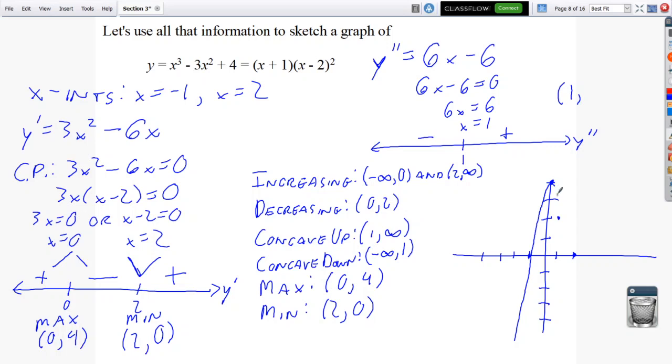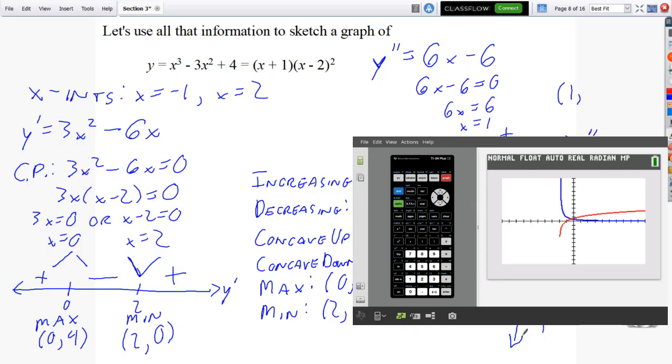So I'm going to make that frowny face come right down into here. At this point, I'm going to change my concavity from concave down to concave up. So all of a sudden, I'm going to turn to a smiley face, until I get to this point right here, which is going to be my minimum, and I'm going to hook back around. And what I've actually developed there is a fairly accurate graph of the original function.